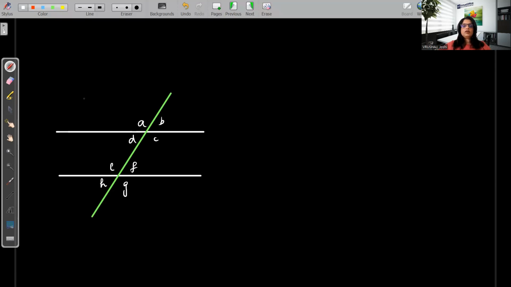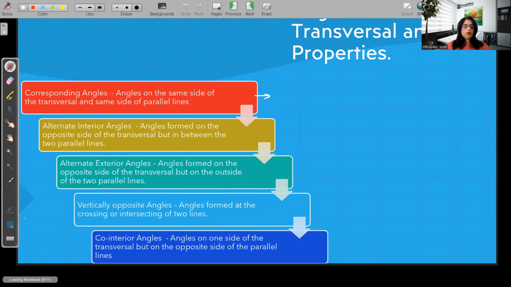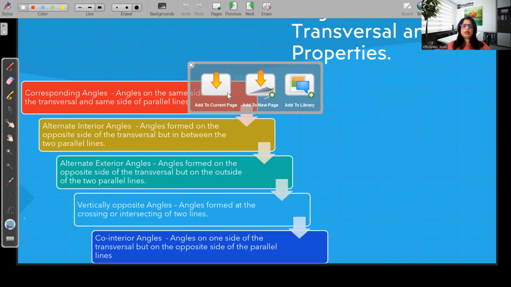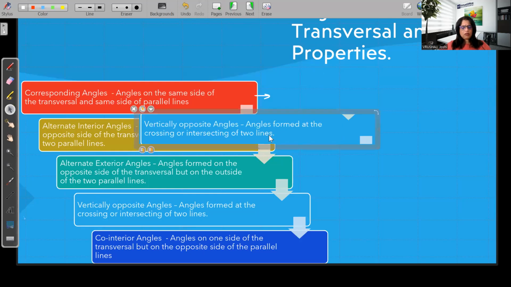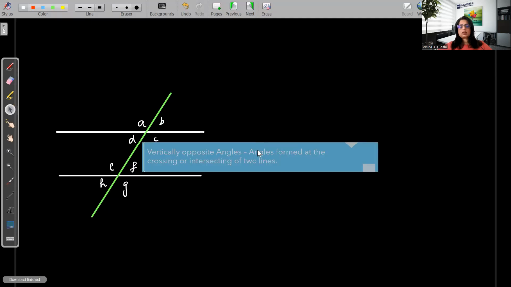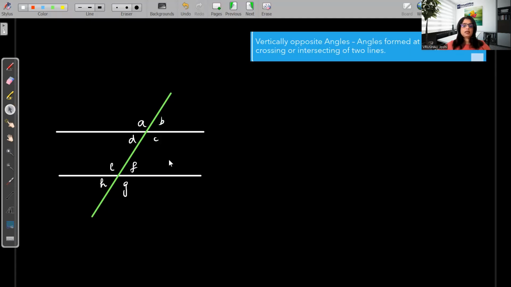All right, now we have to see what vertically opposite angles are. Conceptually, we have already seen what they are, but we will understand it with more clarity when it comes to parallel lines. Angles formed at the crossing, the intersection of two lines.